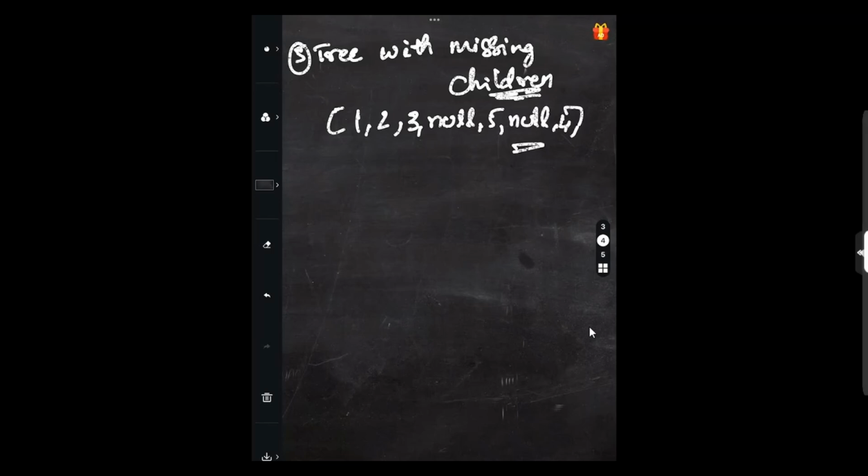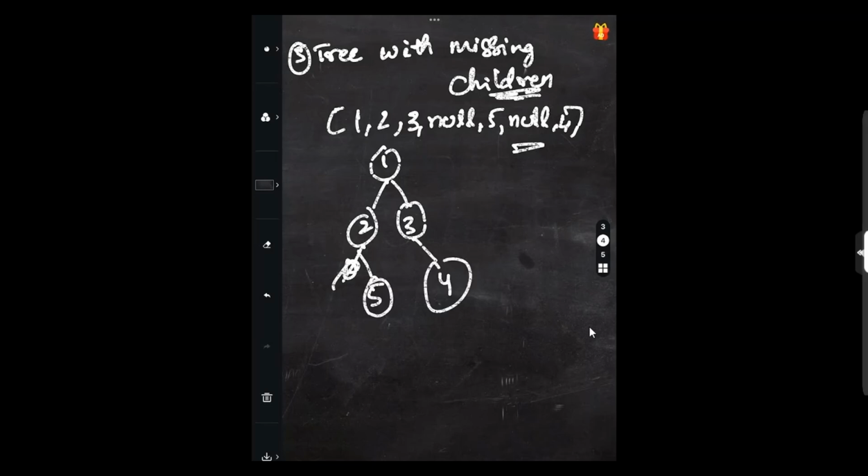The last node at each level will be 1, then 3, then 5, and finally 4. So the output will be 1, 3, 5 and 4. This is for the condition tree with missing children. I hope this is clear.